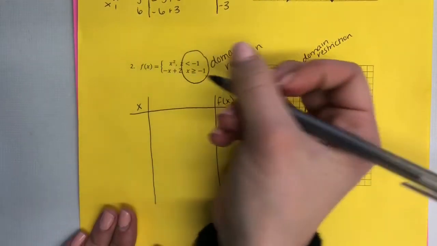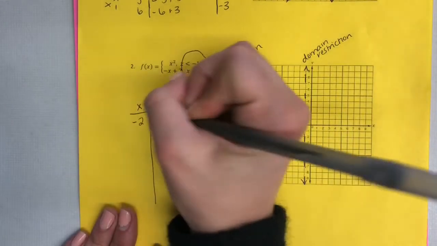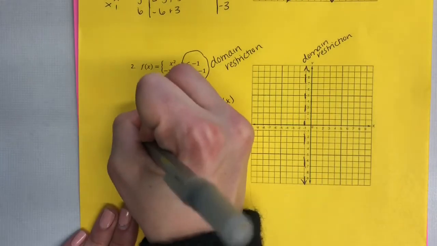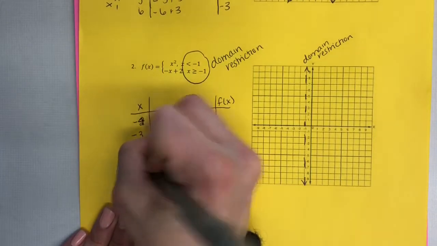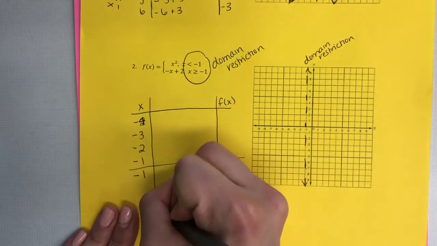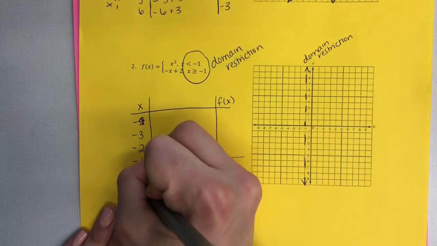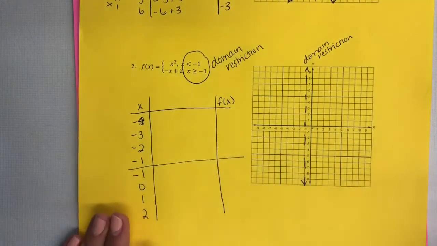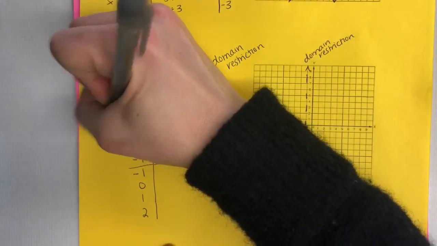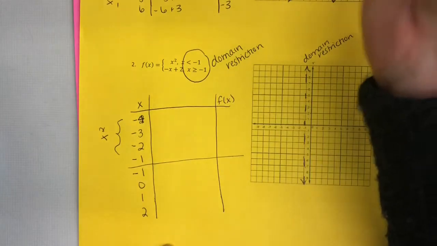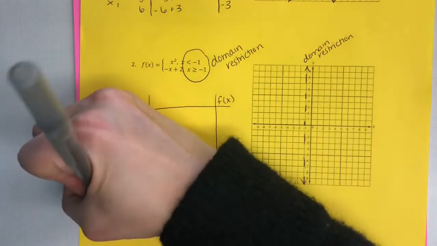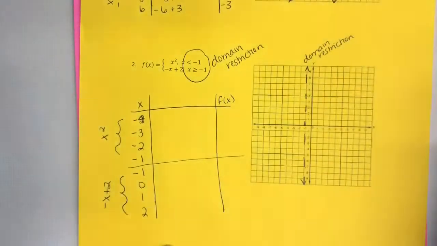So I do a couple values before -1. Let's say no, we should go lower than that. -4 maybe, -3, -2, -1. And then I repeat it because it's the domain restriction, -1, 0, 1, 2. Okay, and when I'm less than -1, I know I'm using x squared. And when I'm greater than -1, I know I'm using -x plus 2.